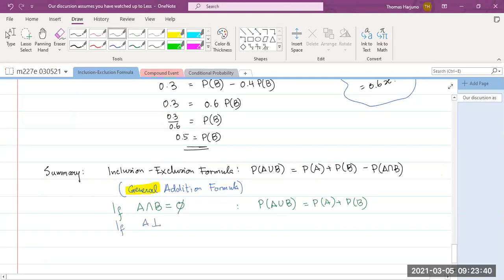Now, what happens if A is independent of B? Both A and B are independent.